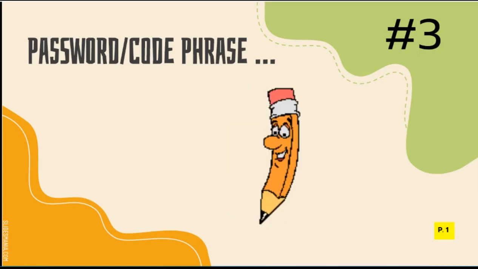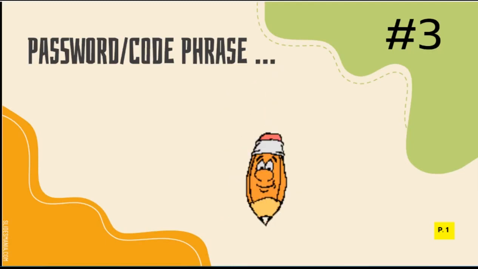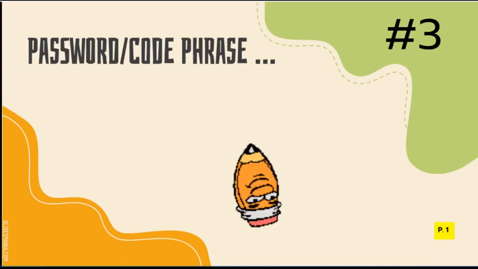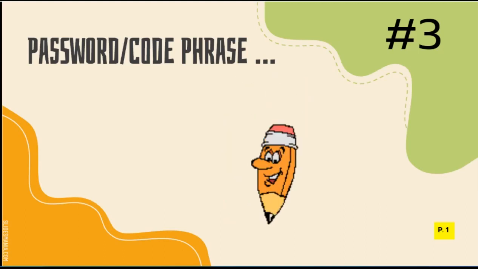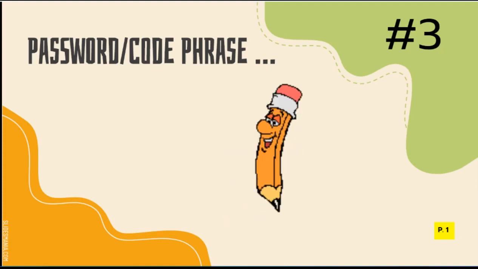So it's time now for our last and final password code phrase. Praise effort. In the video you just listened to, that has been very evident when you look at the results from students.